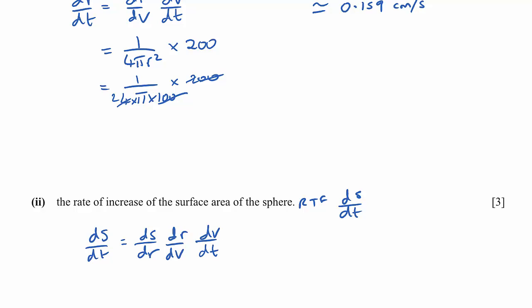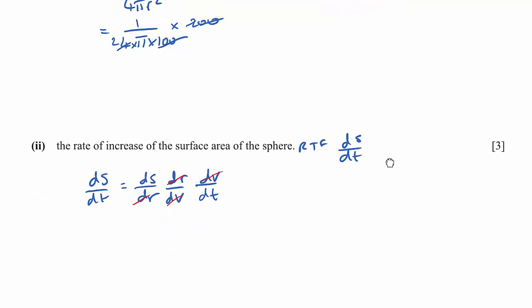And I think if you actually treated these as fractions, you could see those dr's would cancel, those dV's would cancel, and we're left with dS/dt, which is what we actually want.